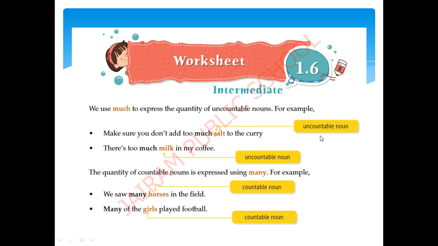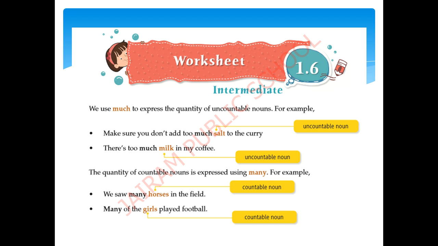Uncountable nouns are always referred to with the word much. We use much to express the quantity of uncountable nouns. For example, make sure you don't add too much salt to the curry. Much. Can you count salt?